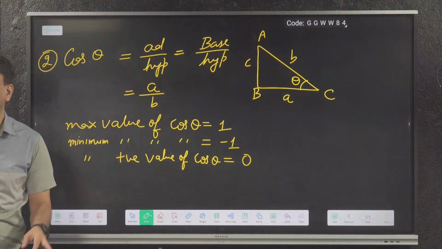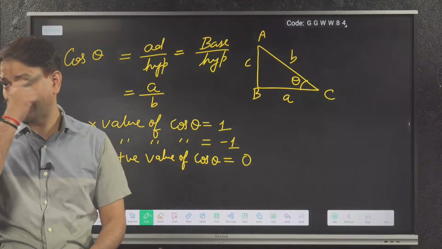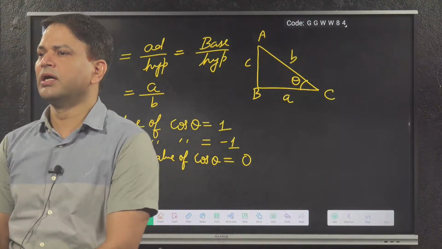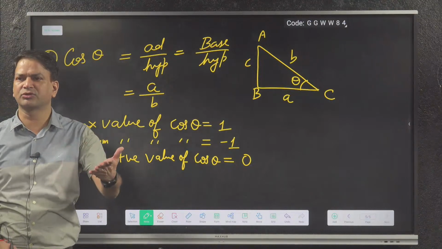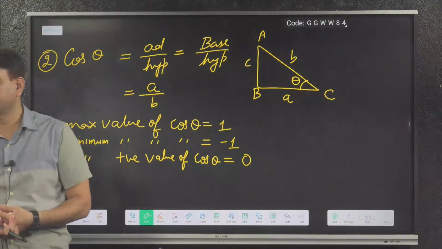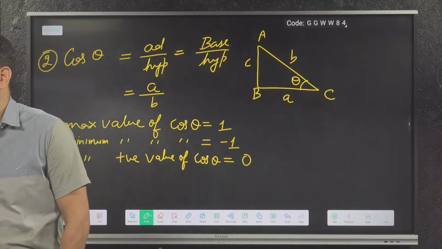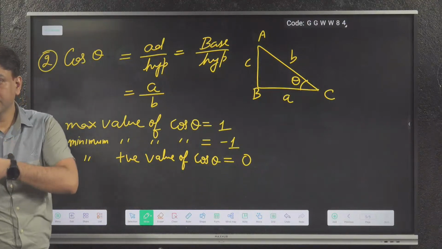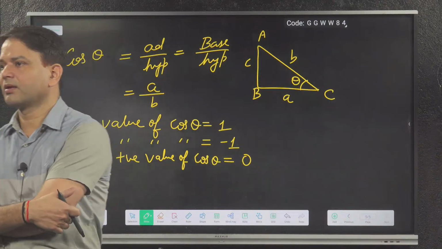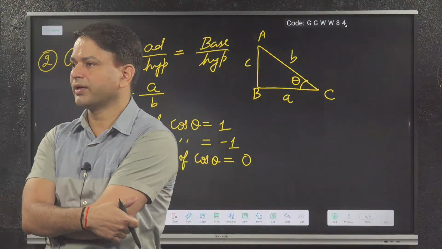Same like sin theta, maximum cos theta is 1, because the base can never be more than hypotenuse. So maximum value of cos theta is 1, minimum value is -1. If cos theta is positive, then minimum value is 0. Everybody got it?